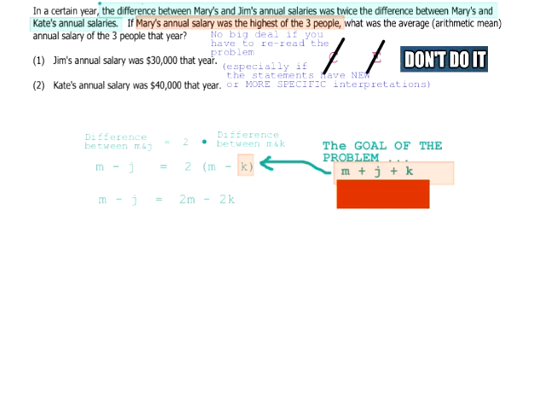Well, let's simplify. We can get that m out of there. Subtract m from both sides. All right, I can move j to that side. And then I want plus k.